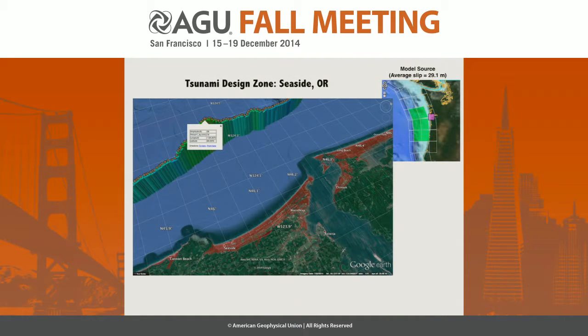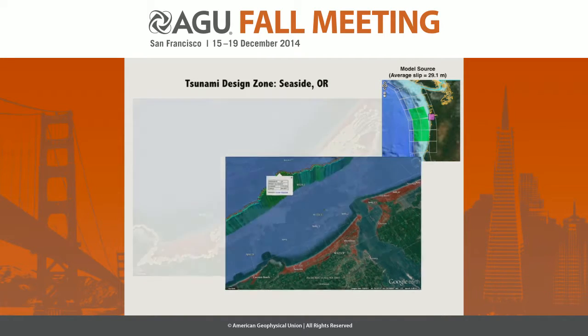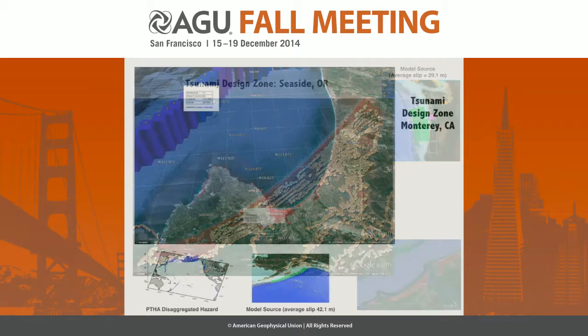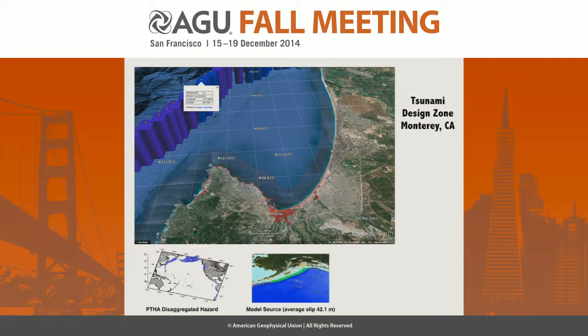So this is the tsunami design zone for Seaside, Oregon, and these are the run-up heights that you can click on. And this is the Monterey Bay result, because Monterey Bay is not controlled by local sources. And the source disaggregation shows that the Monterey Bay inundation area is pretty much controlled by the Alaska sources.